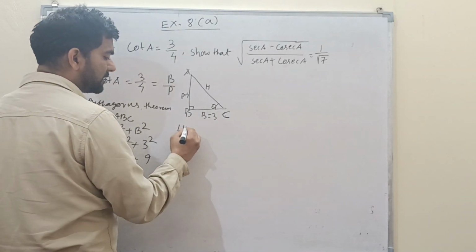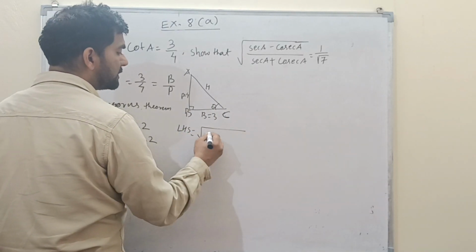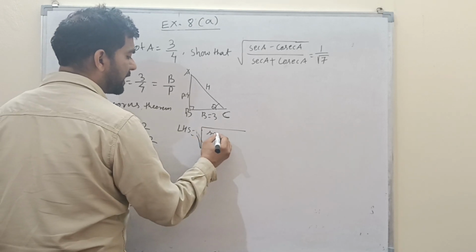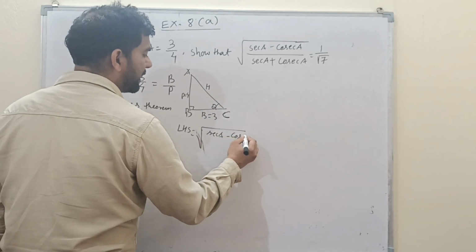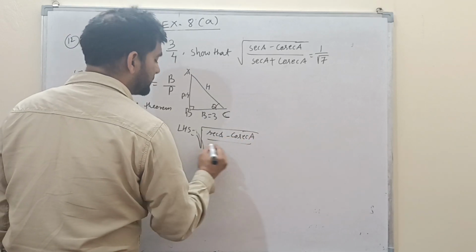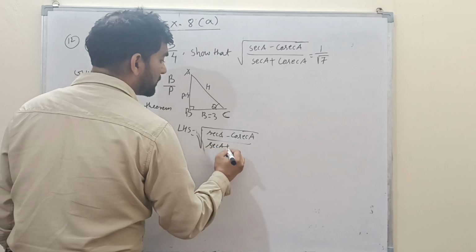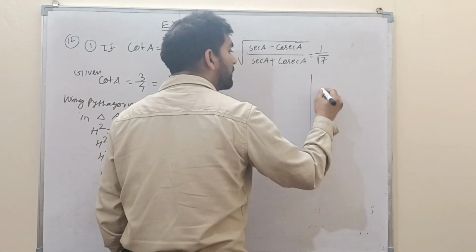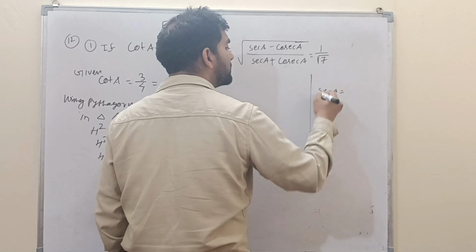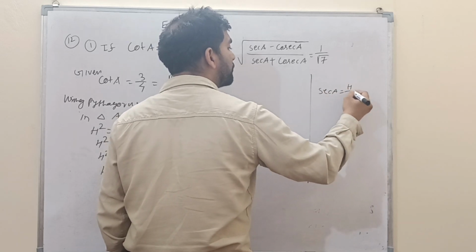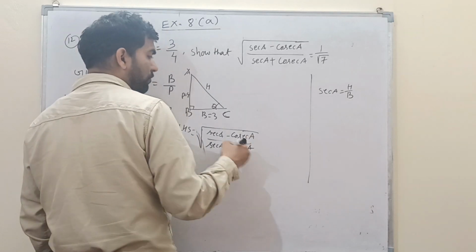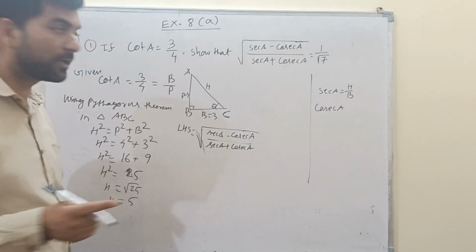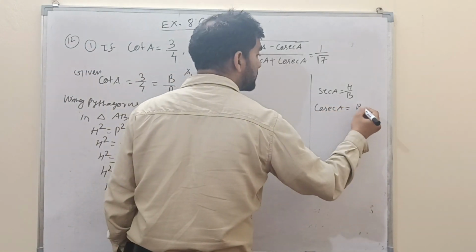Next, we'll take LHS. So LHS is root over sec A minus cosec A by sec A plus cosec A. Before that, we know that sec A is nothing but inverse of cos. So cos is base by hypotenuse, so sec will be hypotenuse by base. Next, cosec is inverse of sine. Sine is perpendicular by hypotenuse, so cosec will be hypotenuse by perpendicular.